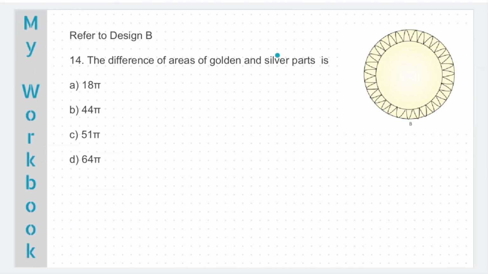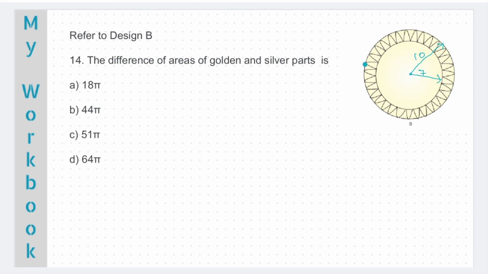This again is from design B. The difference of areas of golden and silver parts is. So we need to find the area of this band between the two concentric circles. We already have found out the radius of the outer and the inner rings. The outer radius is 10 and the inner radius is 7.